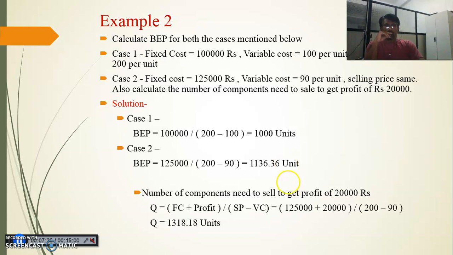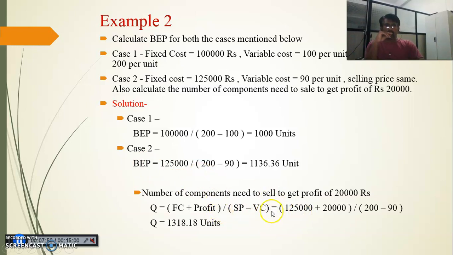And to earn rupees 20,000 additional profit, the quantity will be equal to FC plus profit divided by selling price minus VC. So for the second case, we have taken the understanding.